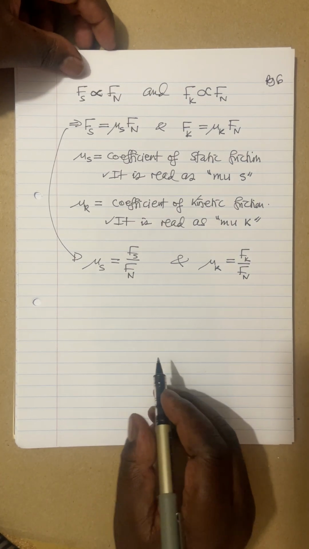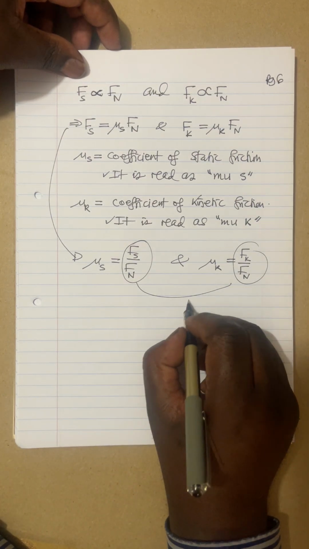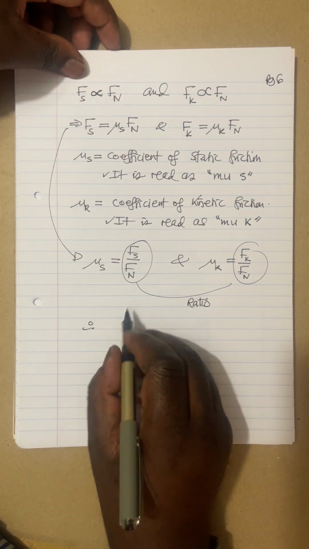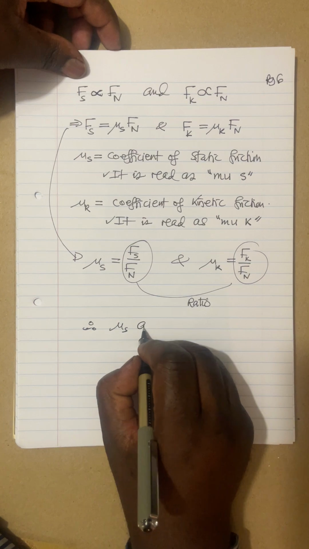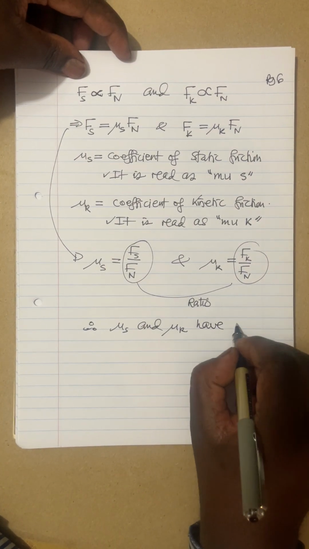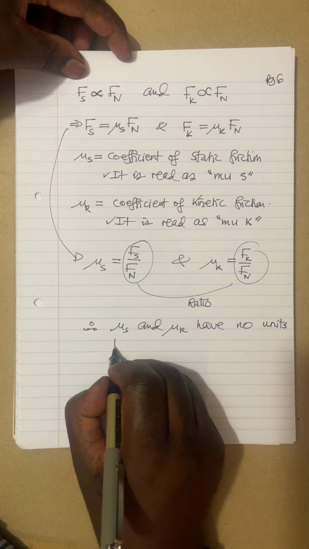You can see that these two are ratios. So we can say, therefore, mu s and mu k have no units, because they are ratios.